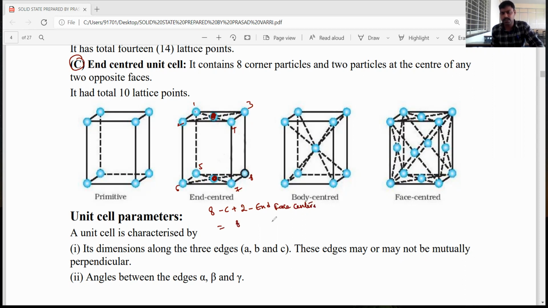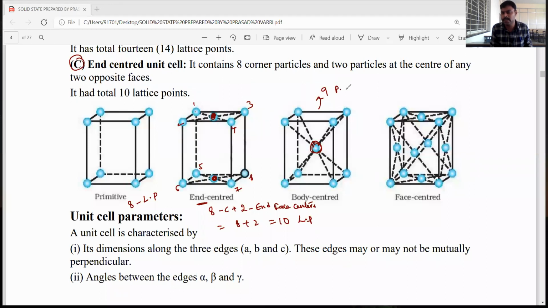Total 8 plus 2 is equal to 10 lattice points in an end centered unit cell. In primitive, 8 lattice points are present. And in body centered, total 8 corners are present and 1 body center. See, this is 1 body center atom. Total 9 lattice points are present.